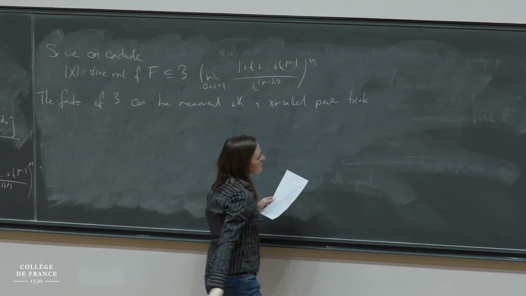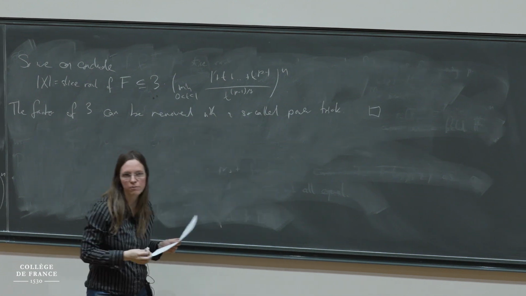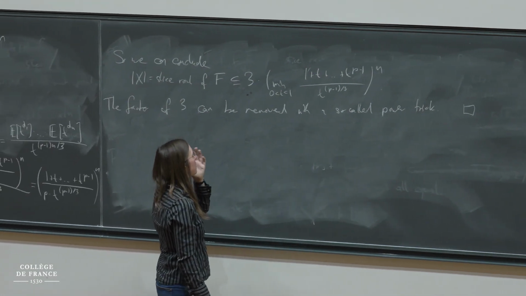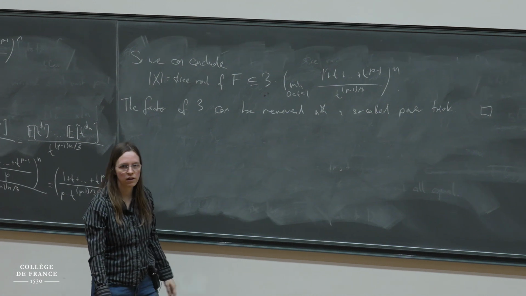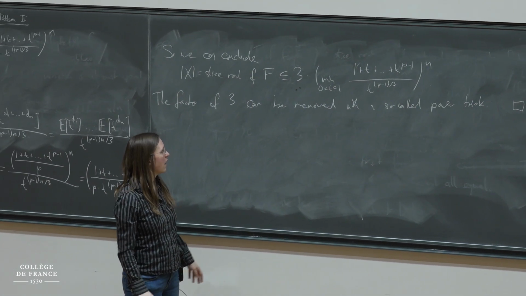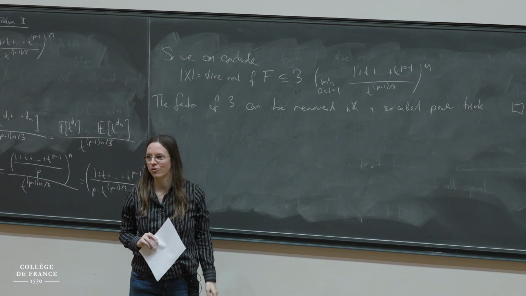But for time reasons, let me not go into details of how the power trick works. It's a very simple trick, which basically amplifies a bound like that to then remove that extra factor. The quality of the bound doesn't change much with 3, so for time reasons, we won't go through that argument.